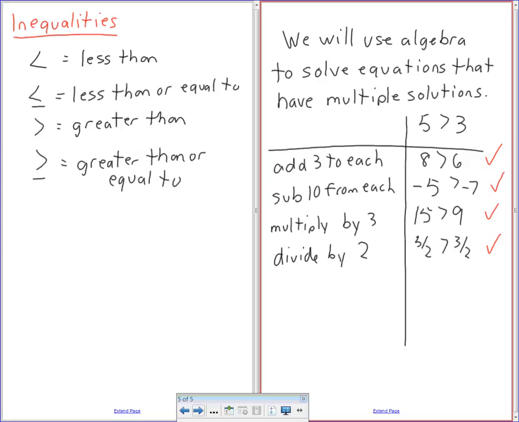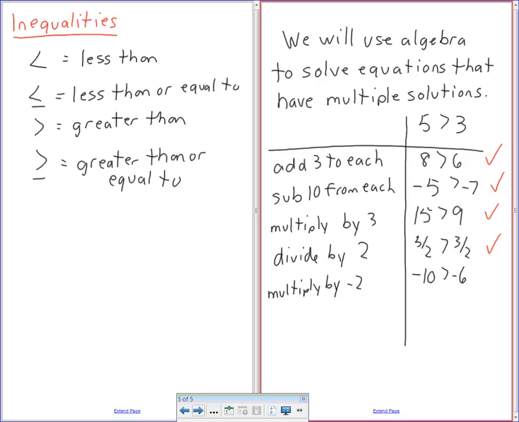I'm going to change this now. I'm going to multiply by -2. If I take my inequality, what's 5 times -2? Thank you, good. What's, oh sorry, it's -2 times 3.